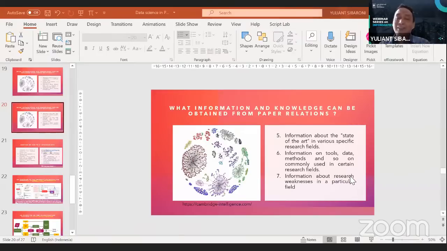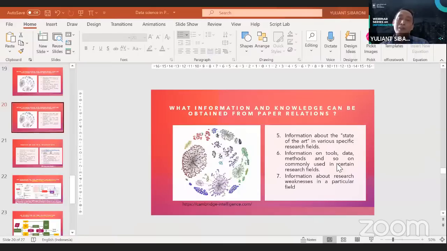The weakness or limitation. It looks simple, but actually, if we do that research, there are more challenges that we can meet. So the point is we do classification at the sentence level, not at the paper level.